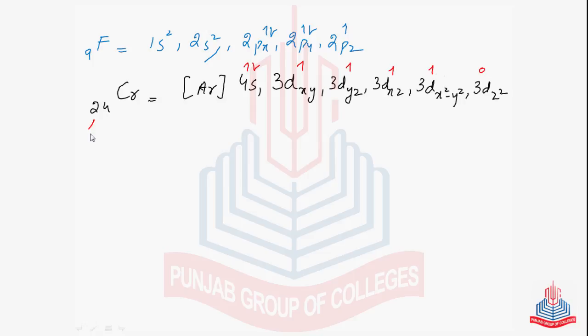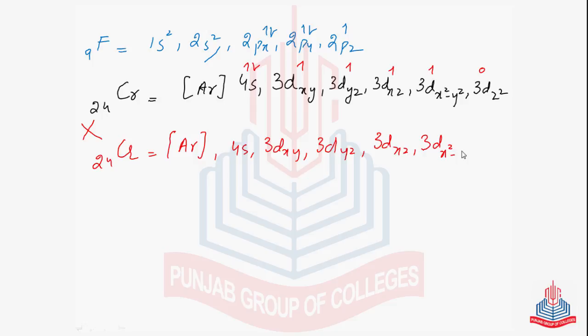Why it is wrong? First, let me write the correct electronic configuration for chromium. First 18 electrons, that is of the same electronic configuration, that is of argon. Then 4s, 3dxy, 3dyz, 3dxz, 3dx square minus y square and 3dz square.